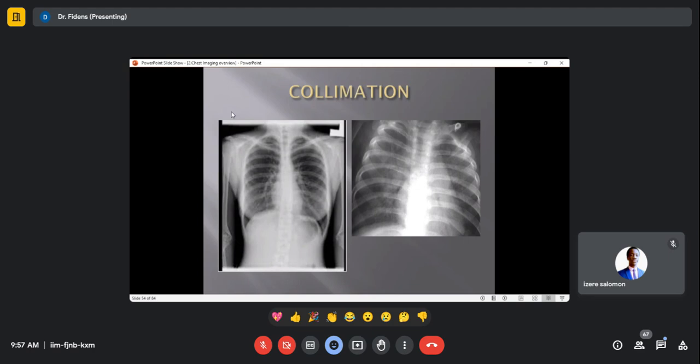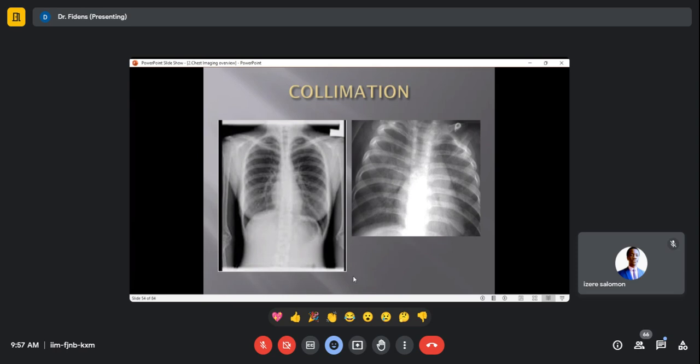Even the arms are included. Upwards it is okay, but laterally it is not okay because they have gone far, even including the arms. Someone can think maybe he wanted just to do an X-ray of the arms. It's long. Down to the abdomen, look, at the level of the umbilicus maybe, which is very long. And it has reduced the contrast quality of the image.